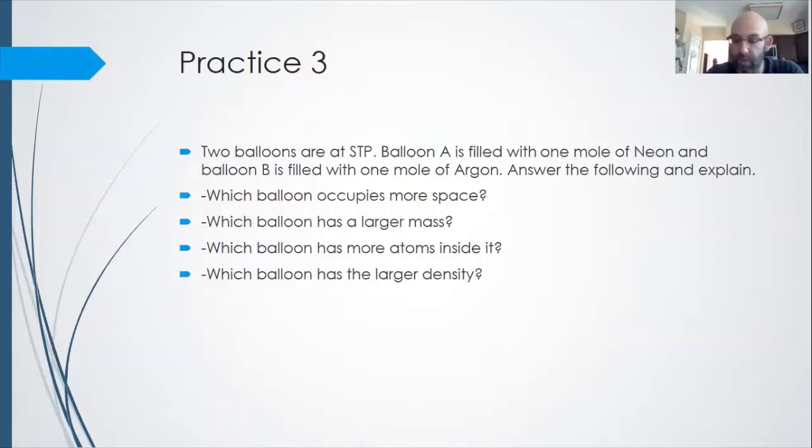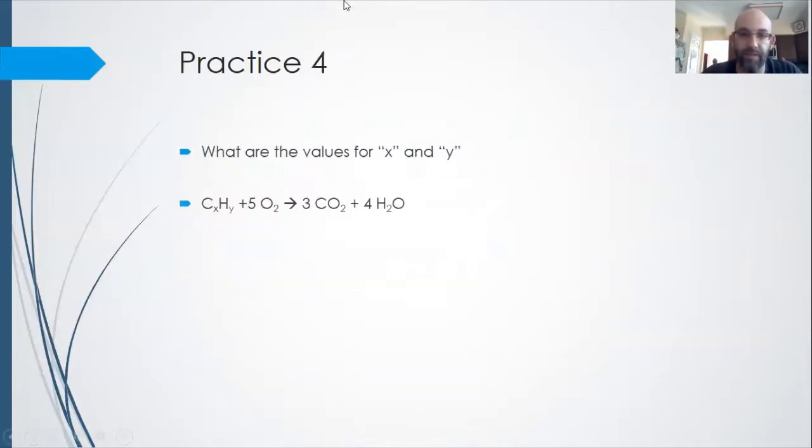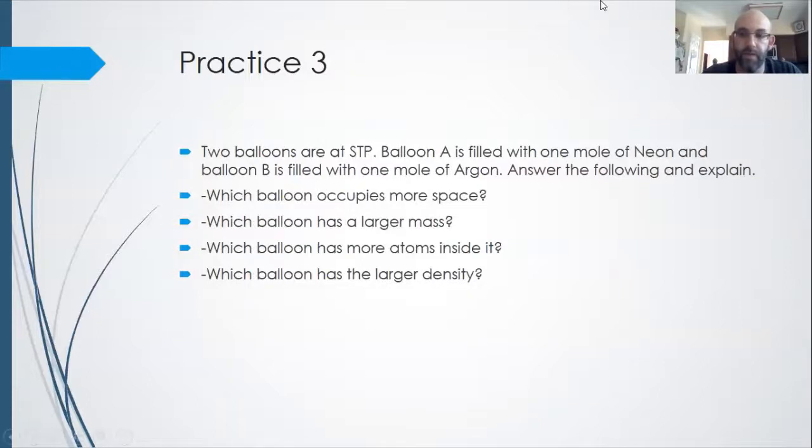And then which balloon has the larger density? So here, we have to just kind of think back to what we know about density. So if you forgot, density is mass over volume. Well, when we looked at question 1, we said which balloon occupies more space, and the answer was they occupy the same space.